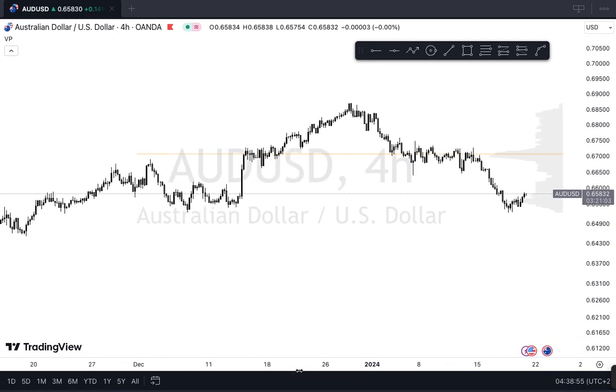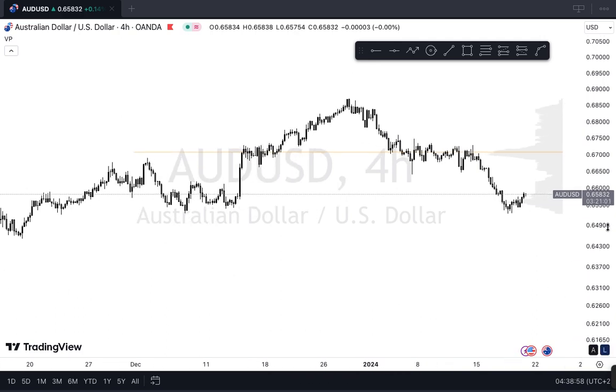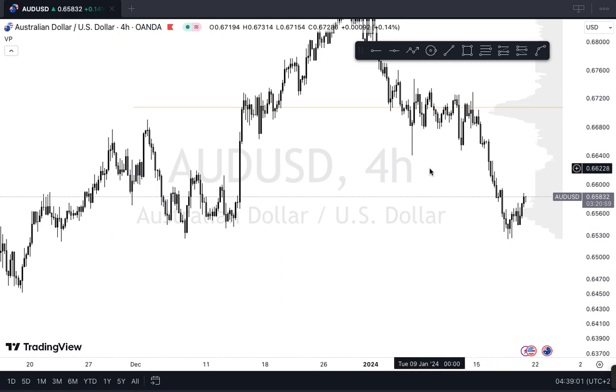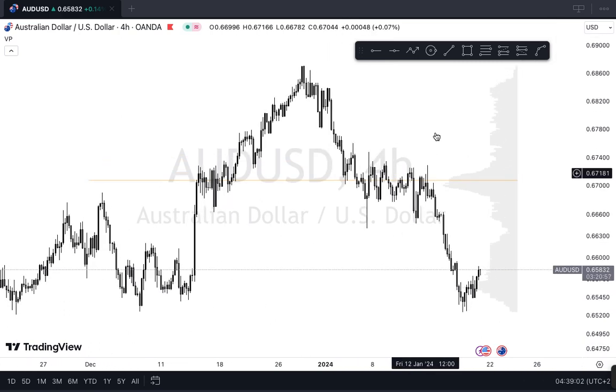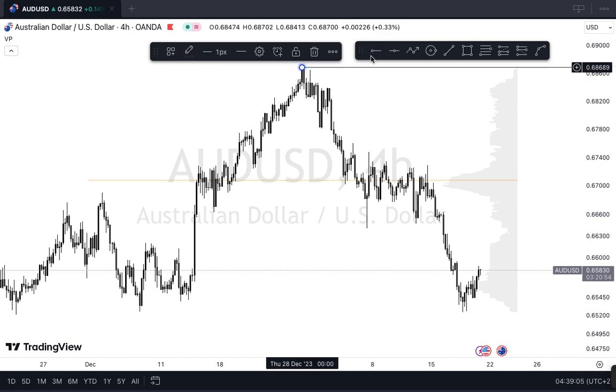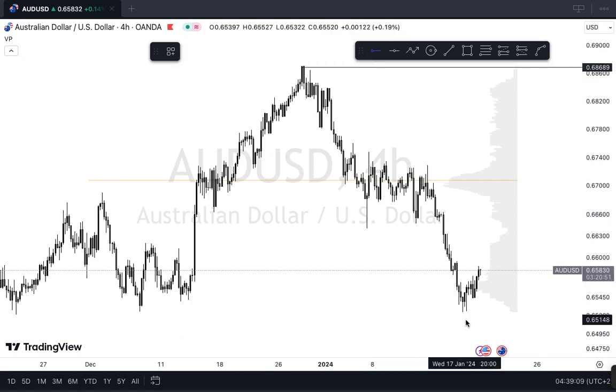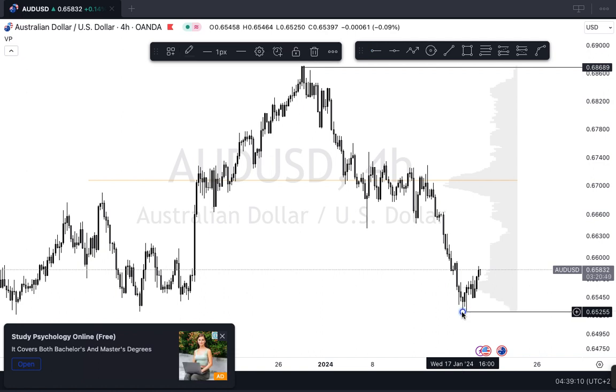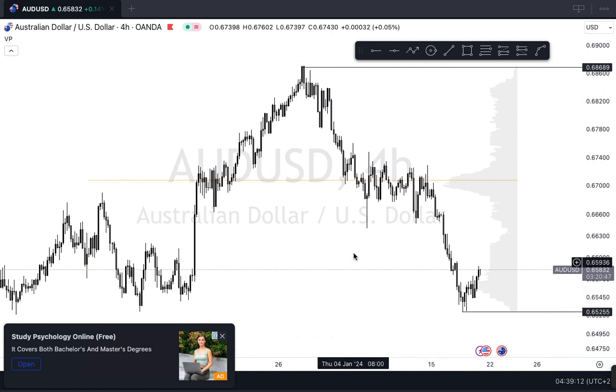We are only going to be focusing on this area. Remember, we don't like confusing ourselves. We are looking at an overall high here, and an overall low here, right?